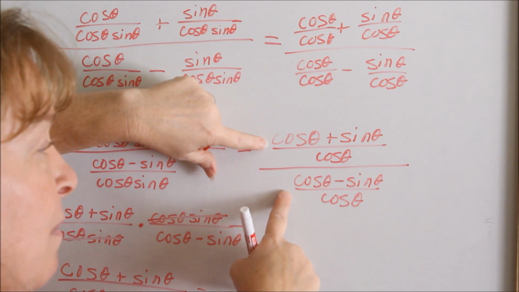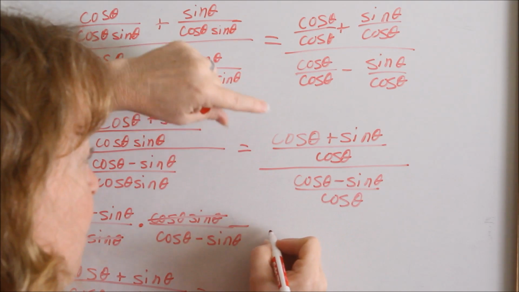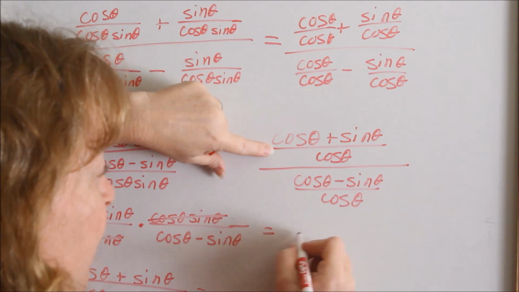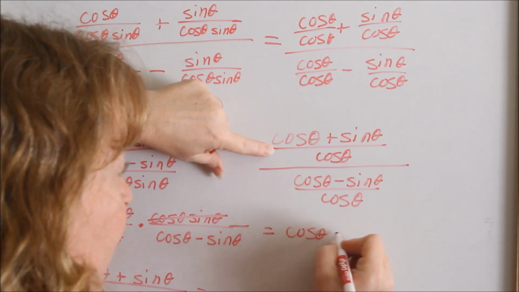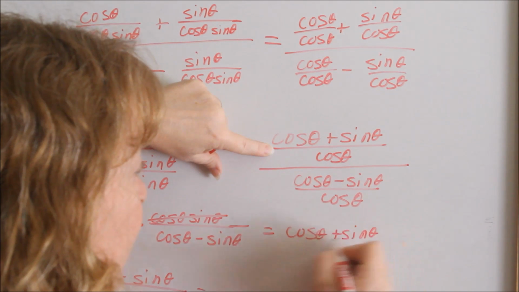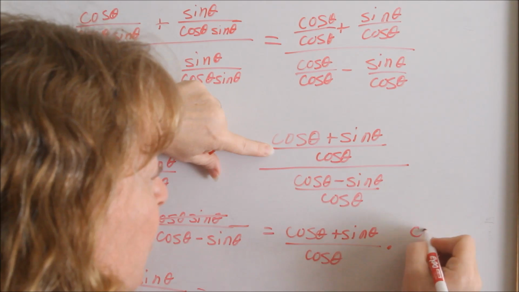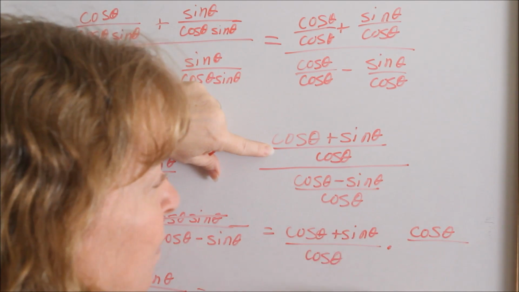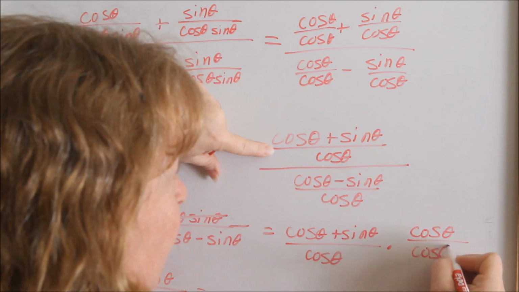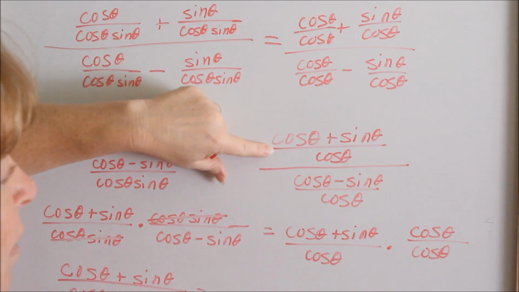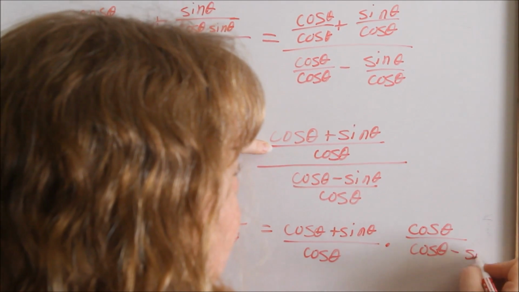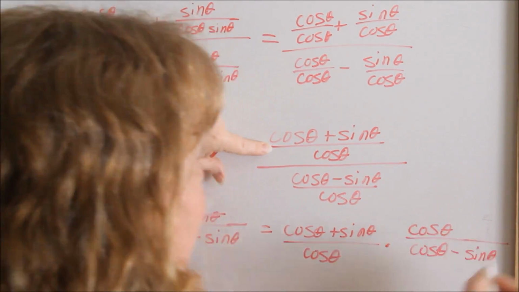Now I have a fraction divided by a fraction, so I flip and multiply. So here's my top fraction. So I flip the bottom fraction and multiply. So that now becomes a numerator. And that becomes a denominator.